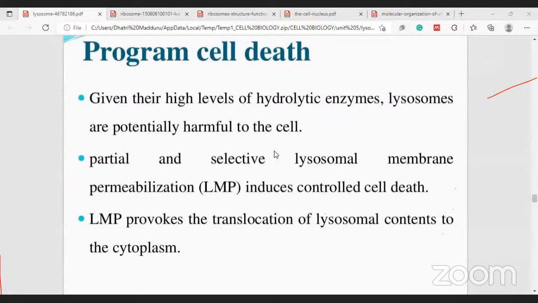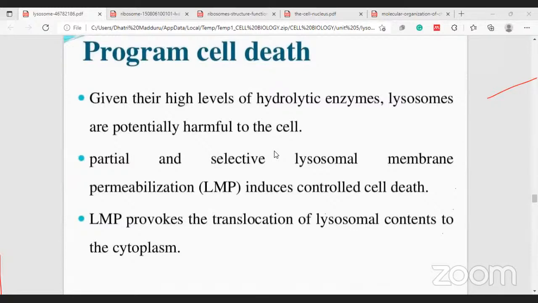Here, high levels of hydrolytic enzymes are present in the lysosomes. Therefore, they are harmful to the cell, because if it releases these enzymes, they can degrade the cell itself, right? So partial and selective lysosomal membrane permeabilization induces controlled cell death.